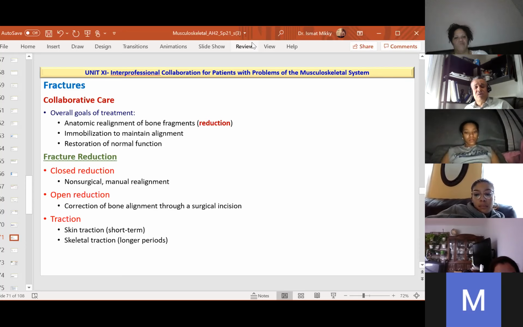If the patient is immunocompromised, or receiving steroid therapy, or malnourished, because to promote healing we always say we have to add calcium and vitamin D supplements. So malnutrition is a negative factor.